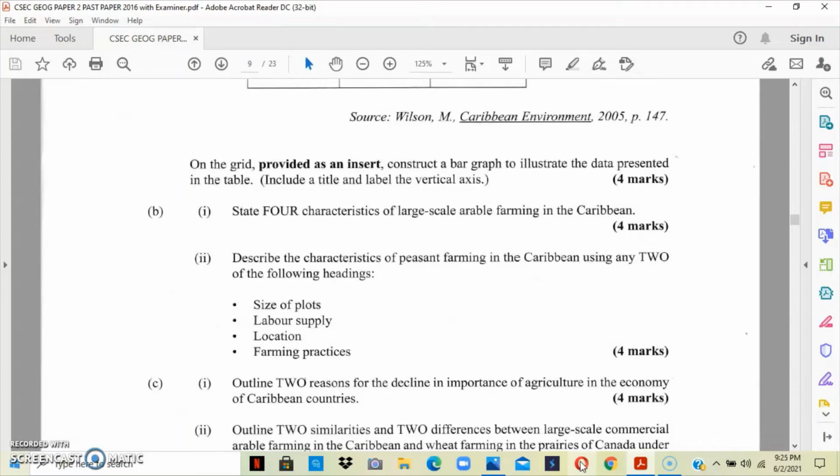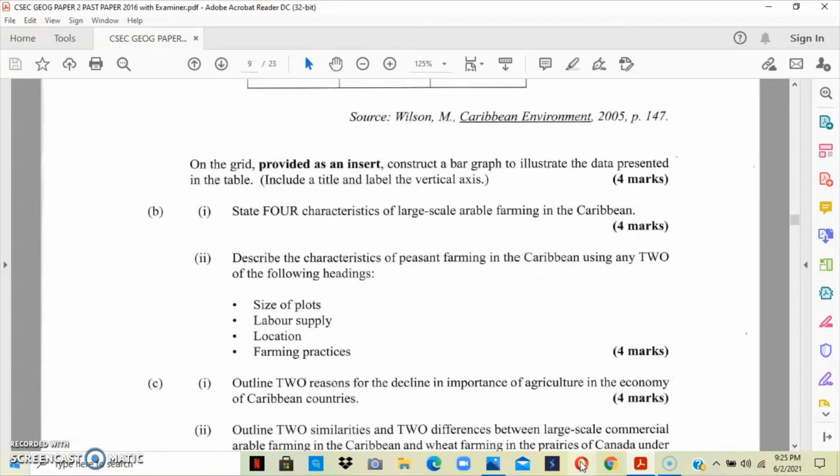But it is usually done mostly by family members. As it relates to the location, peasant farming is usually done along the coastal plains and the hilly terrain, right? So peasant farms are usually relatively close to the farmer's home, in hilly areas or along the coastal plains.